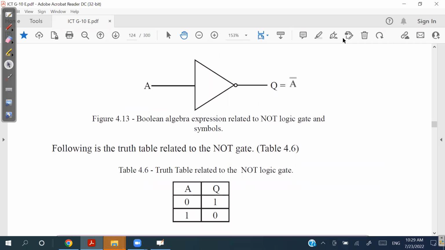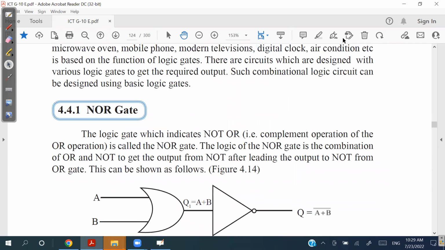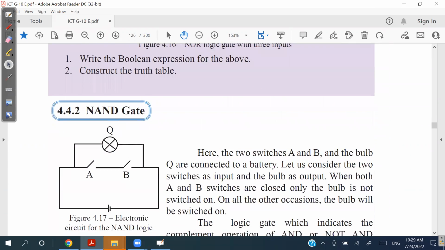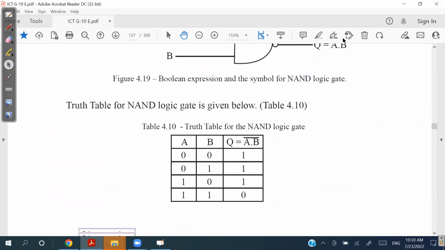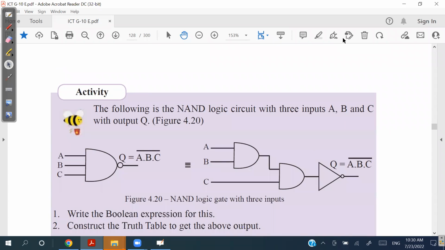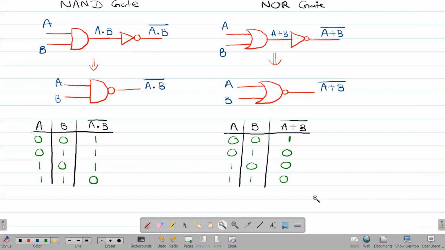All right. So we get to know about the basic gates. We get to know about the combinational gates, right? And now we are going to do a small activity. Now, when we know about the gates, we should be able to figure out what's going to be the output of a particular circuit, right?